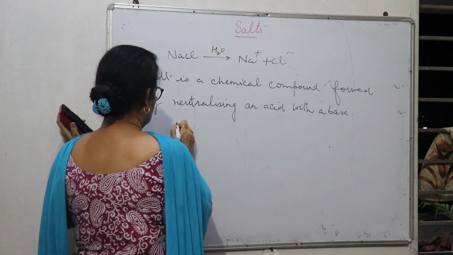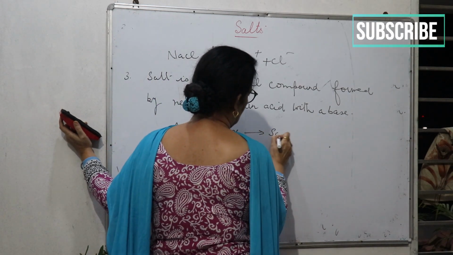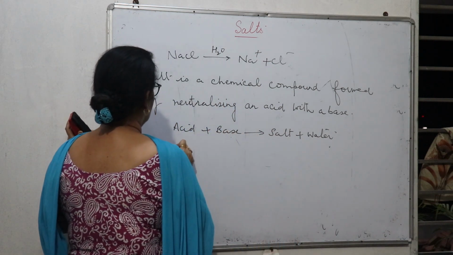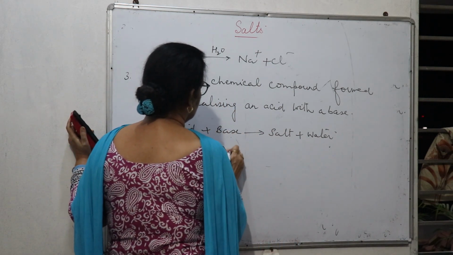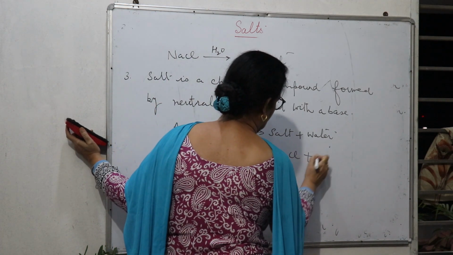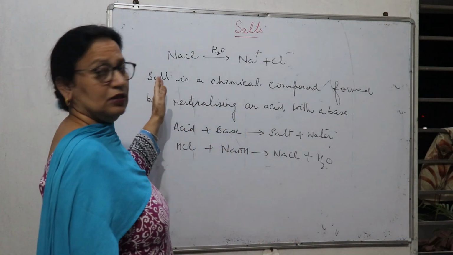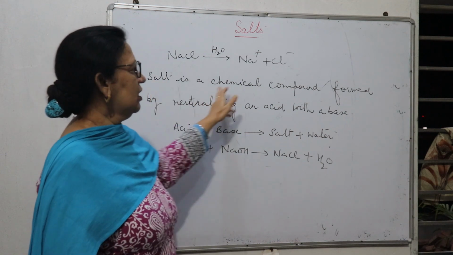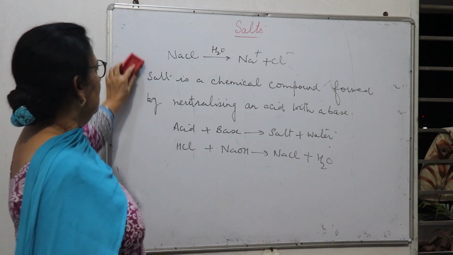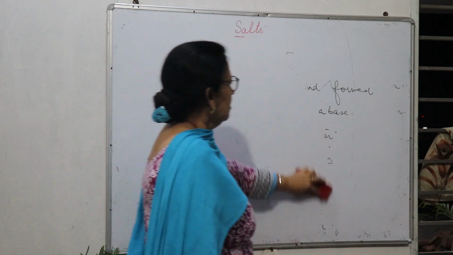So acid plus base gives salt plus water. Acid, that can be HCl, plus base, that can be NaOH, and that gives salt, that is NaCl plus water. So this is very simple. This you must have done in your junior classes. Salt is a chemical compound formed by neutralizing an acid with a base. So what is salt? That is clear to you.